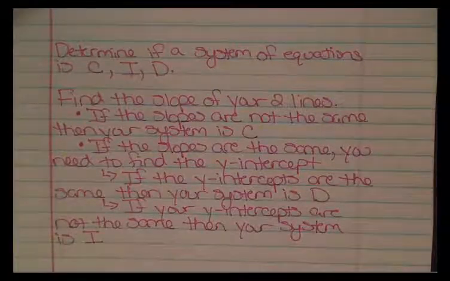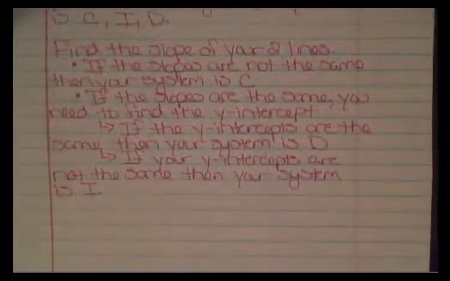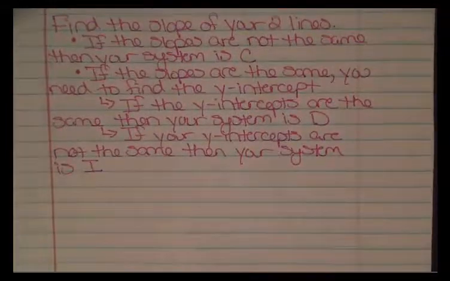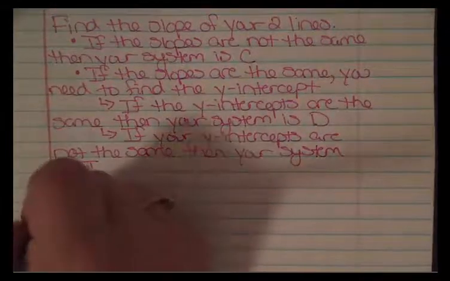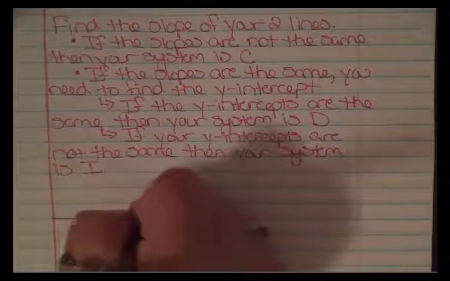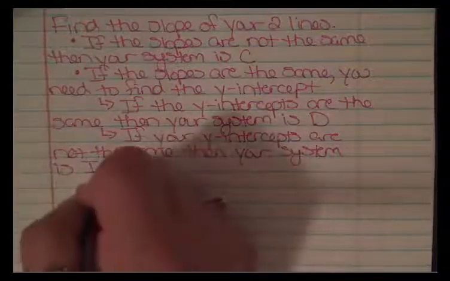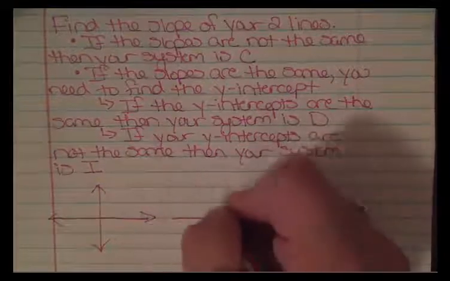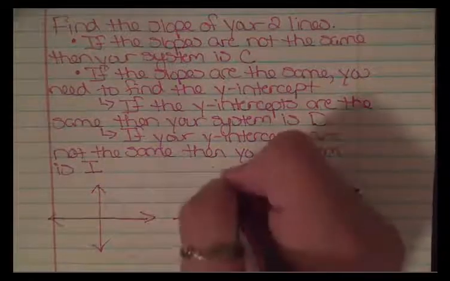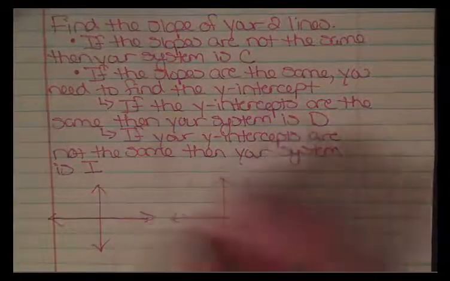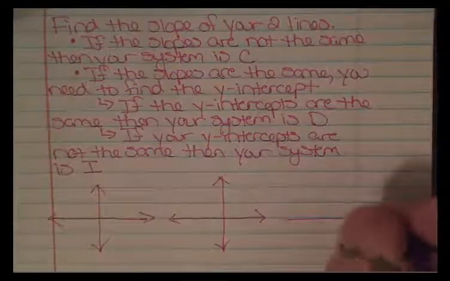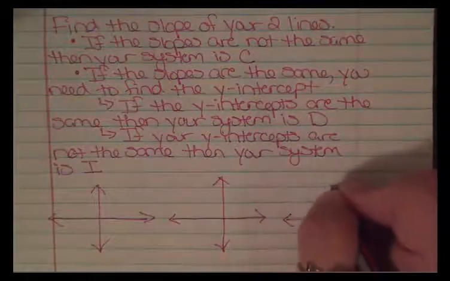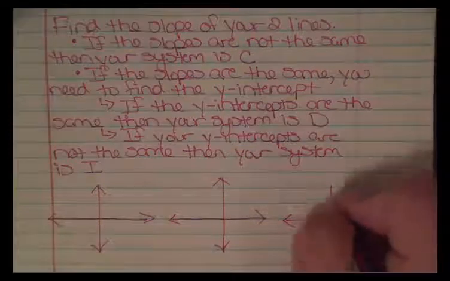Maybe looking at all this in words doesn't make as much sense, but let me draw those three graphs again real quick, and hopefully it will. This one's going to be consistent, inconsistent, and dependent.